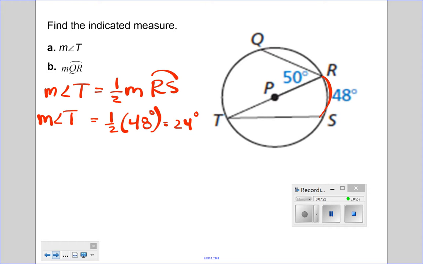All right. Now we have to find the measure of arc QR. So if you look at angle R right here, don't we know that the measure of angle R is equal to 1/2 the measure of arc QT?